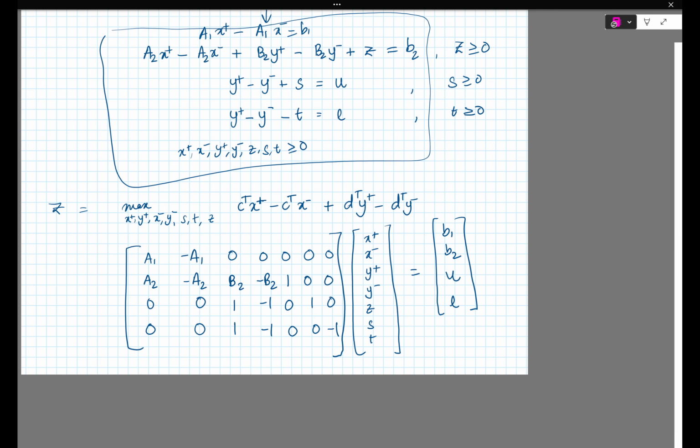Okay, this is your constraint. So here it can be a matrix of appropriate sizes.